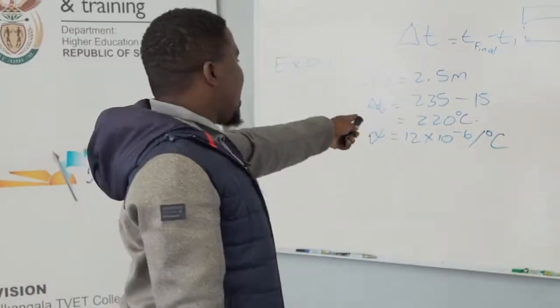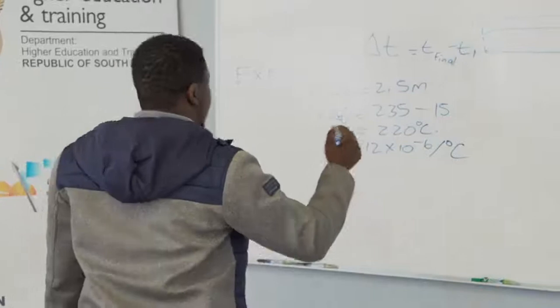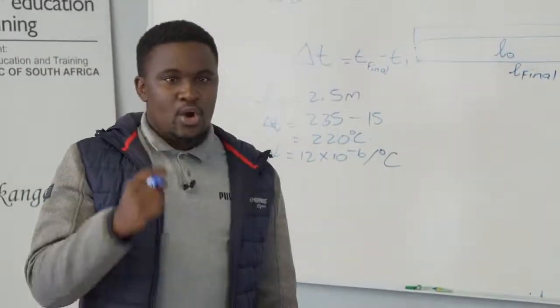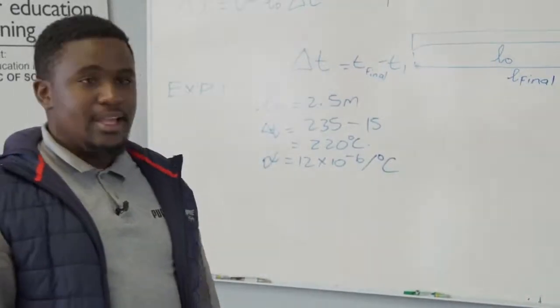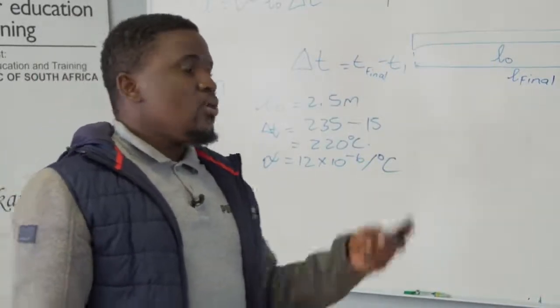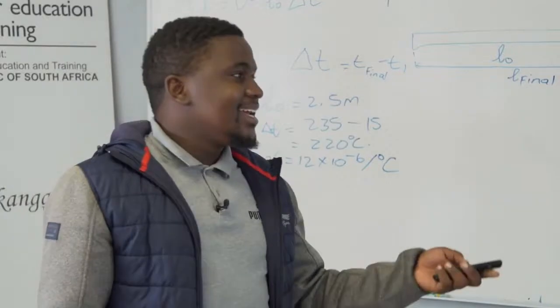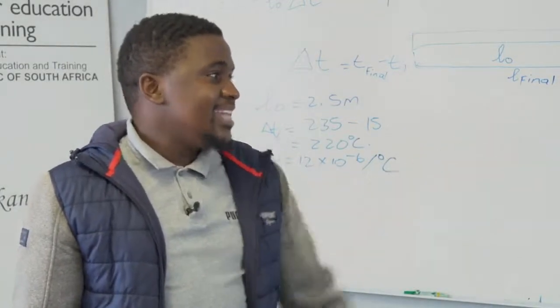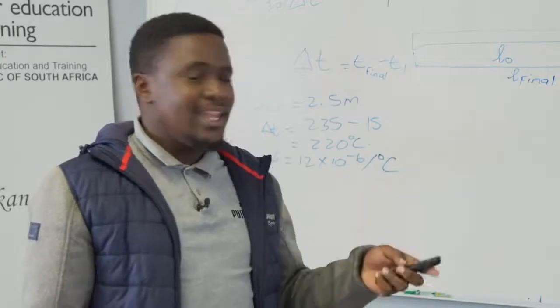Since we have our knowns, we can substitute into the original formula, but we must keep in mind what they requested in the question. They said we must calculate the increase in length the pipe will experience.